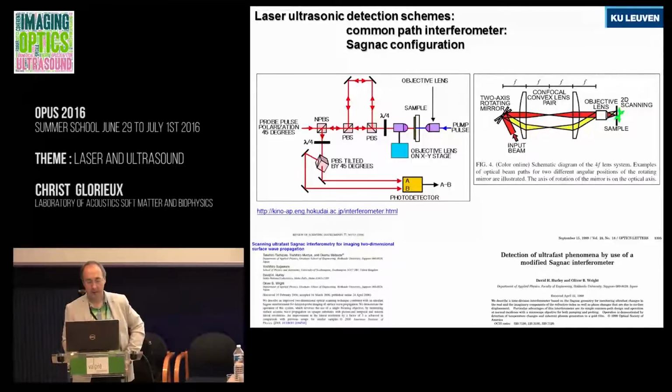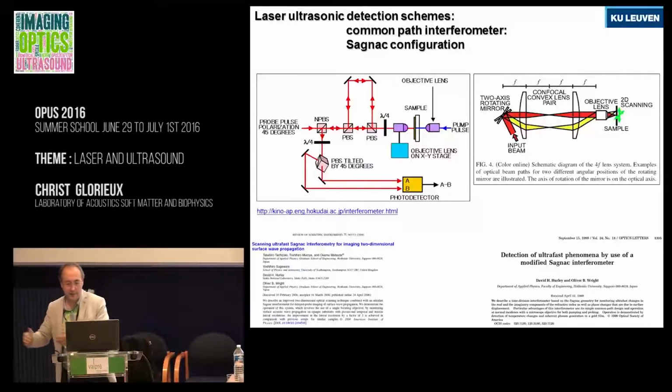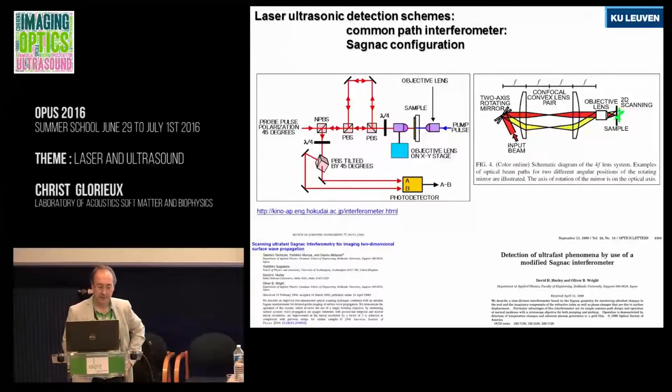The other beam has to make some additional path, and so it will arrive a little bit later. Okay, light is going fast. 1 meter is 3 nanoseconds, so you need quite some space to give it some delay. But so it will arrive at the sample a little bit later.